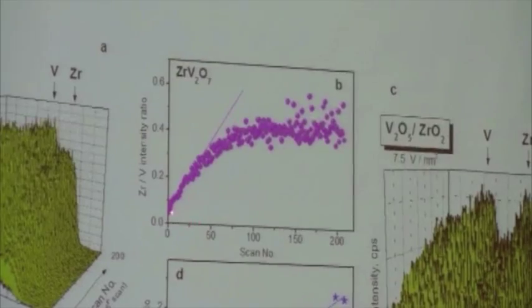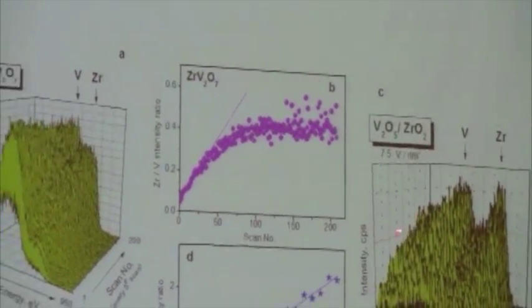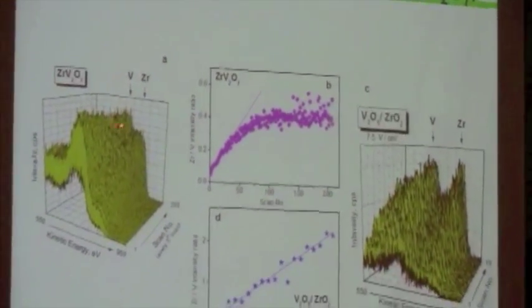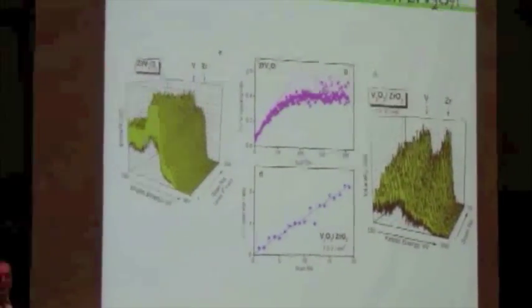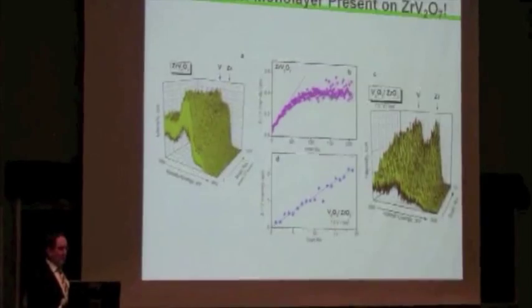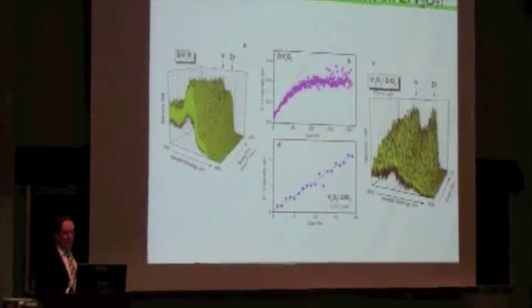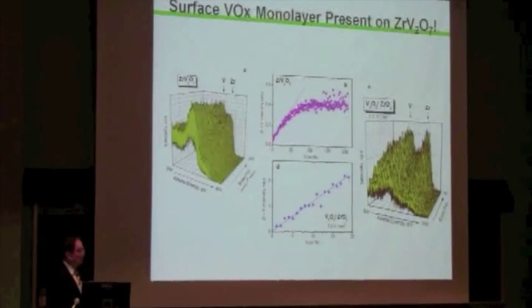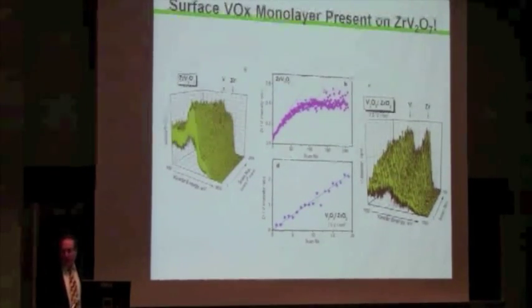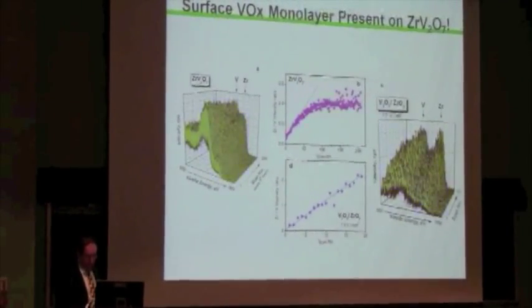We have an enrichment of vanadium on the surface. So this zirconium-vanadium compound, which people have looked at and in textbooks have shown to be just a terminating plane with 2 vanadiums per 1 zirconium, is actually almost all vanadium. The vanadium has surface segregated in this material.